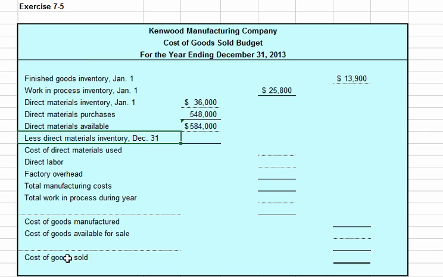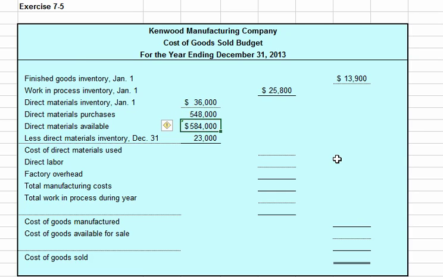They don't give you quite everything. I had to type this one in. We want to subtract out our ending direct materials inventory, which again would be an estimate. They expect that to be $23,000. And that'll give us the cost of direct materials used. And I hope that makes sense, you guys. We'll take our direct materials we had to start the year, plus what we plan to purchase.